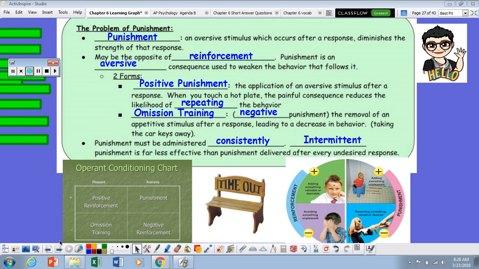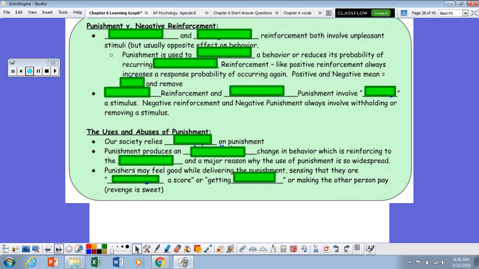All right, so let's talk a little bit about punishment versus negative reinforcement. Punishment and negative reinforcement both involve some kind of unpleasant stimulus, but usually have the opposite effect on behavior. Punishment is used to decrease the behavior.